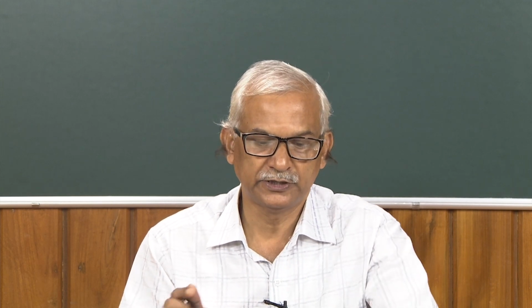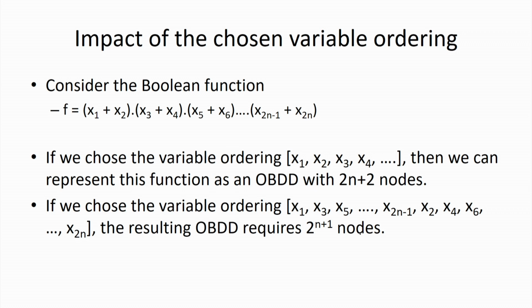In this particular case, just considering a simple example, we are considering this particular Boolean expression. In that case either I can have an ordering like x 1, x 2, x 3, x 4, x 5 like that, or maybe we can consider the variable ordering x 1, x 3, x 5, then x 2, x 4, x 6.